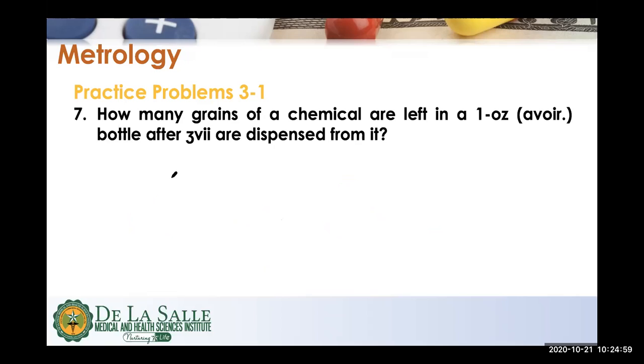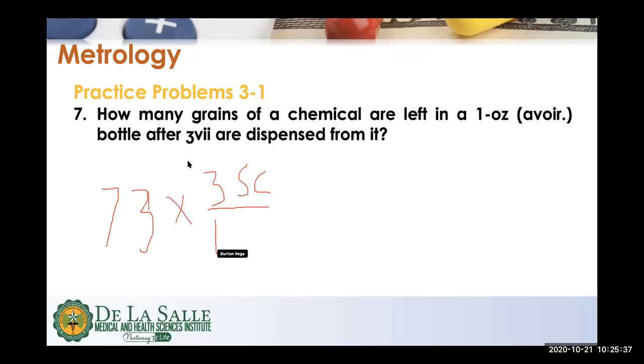What you can do is convert the 7 grams, the 7 apothecary grams, to grains, and then afterwards convert the avoirdupois ounce to grains as well, since what is being asked is how many grains.